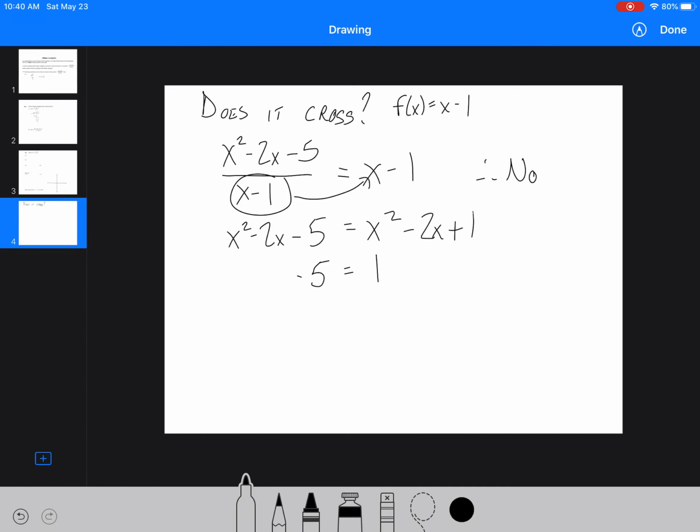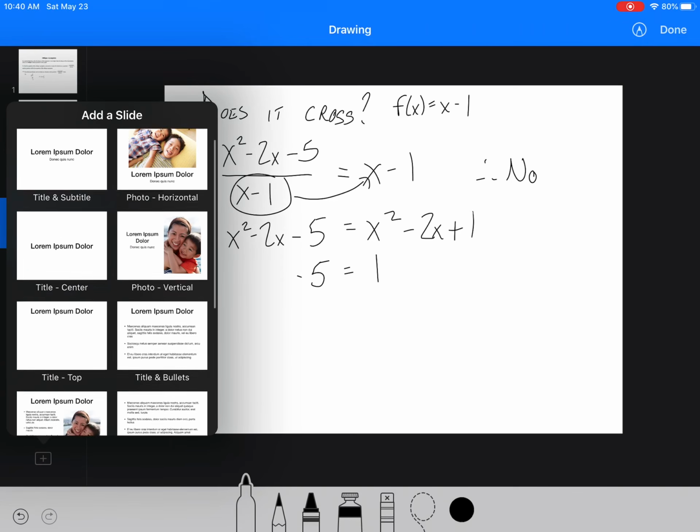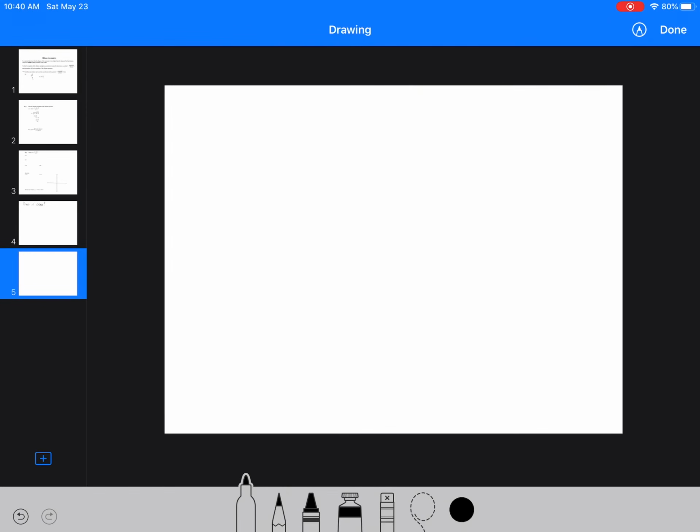Therefore, no. But what if we had something like, we'll just put in a fake example here, the exact same thing, x squared minus, let's say it was 3x minus 5 over x minus 1. All I did was change that middle term. We've got x minus 1.